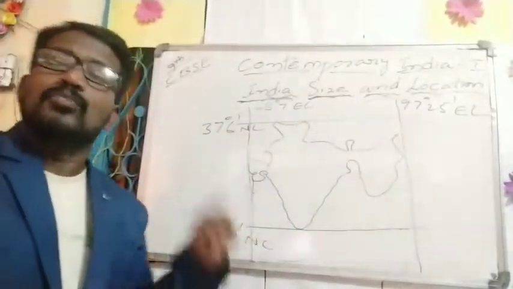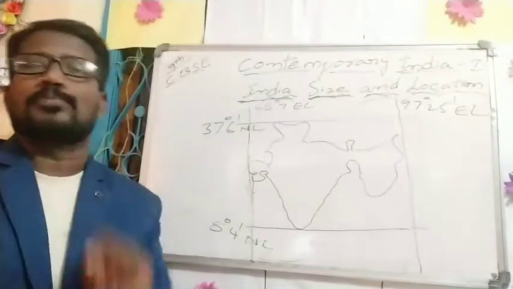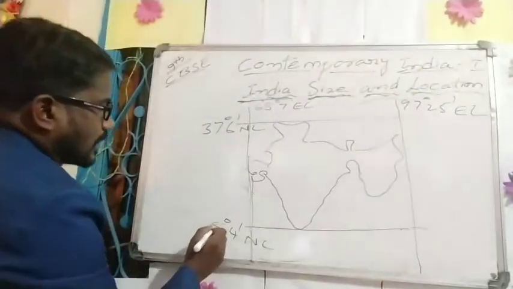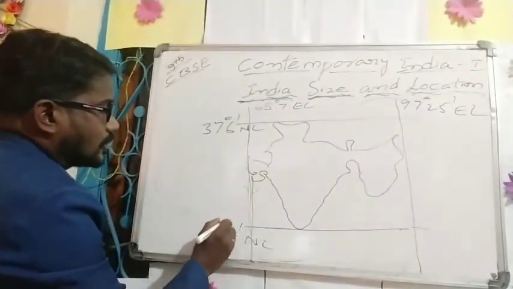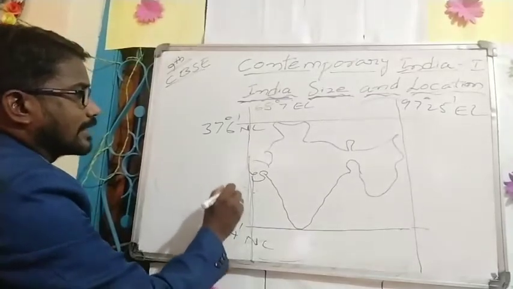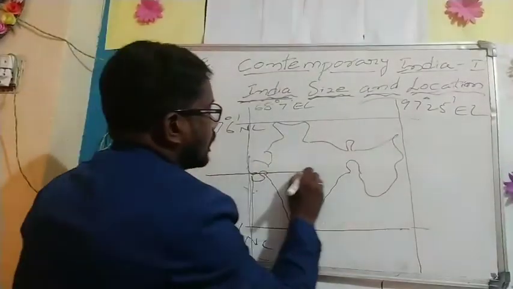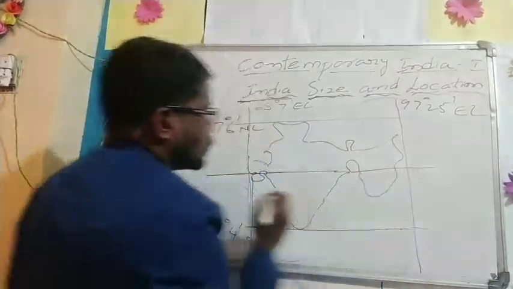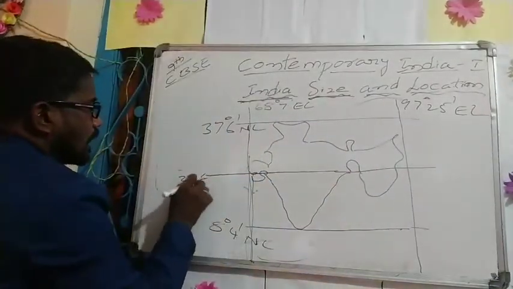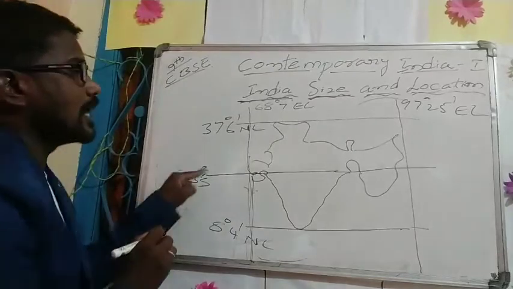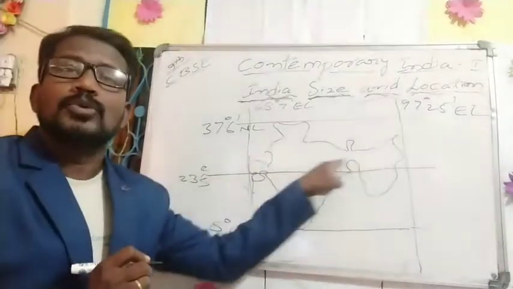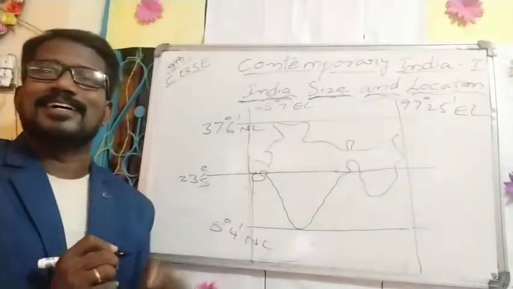That is why we have to agree on one latitude, for example 0 degree, 8 degree, 9, 10, 11, 12, like 20 and 23.5 degree. This is the main important latitude. The 23.5 degree north latitude passes through the middle of India.